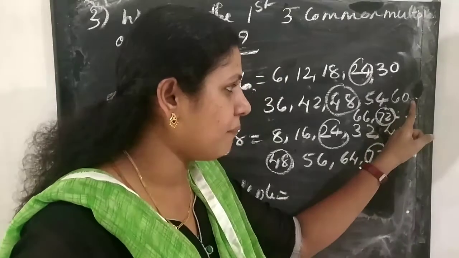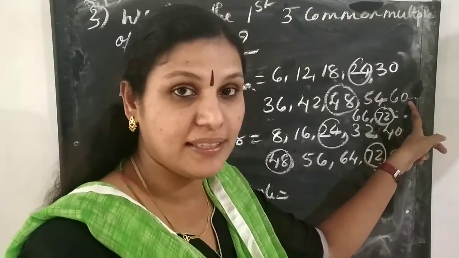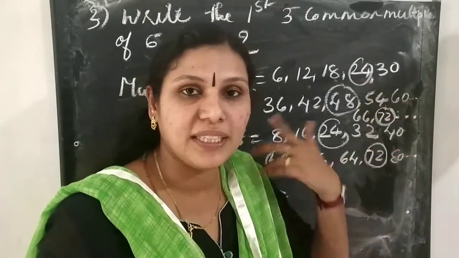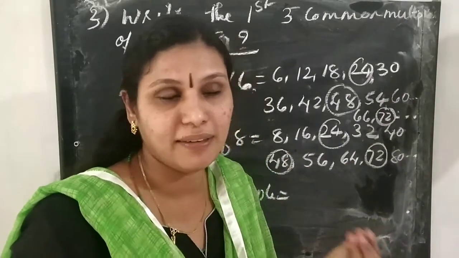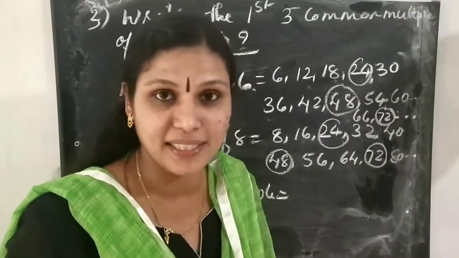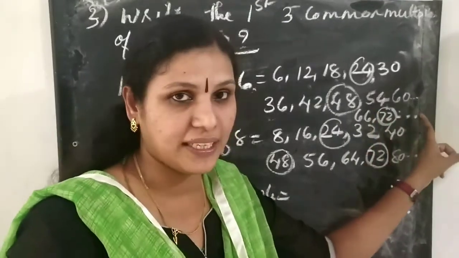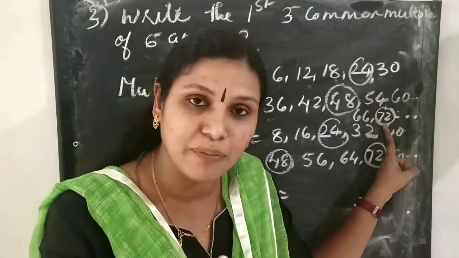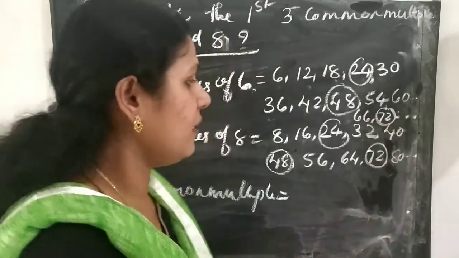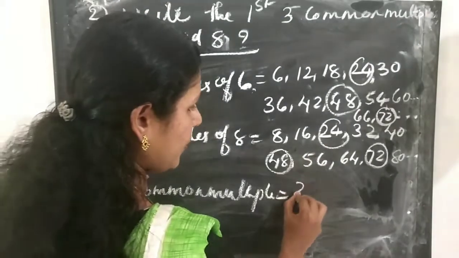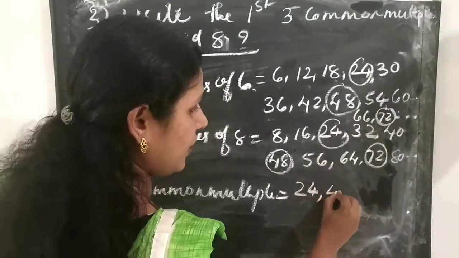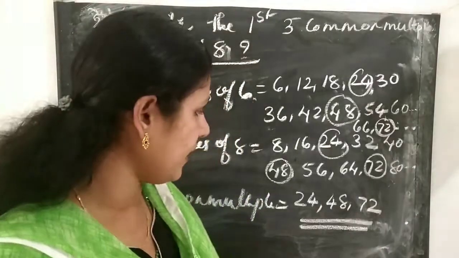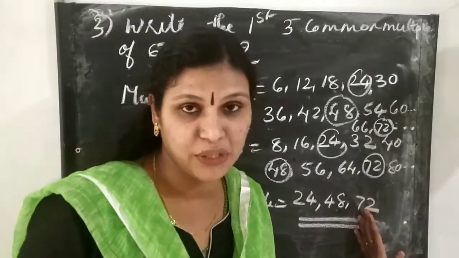If we don't get the number, you just continue the 11th multiple: 11 6s, 12 6s, 13 6s, 14 6s. You just continue that, and when you get the third common multiple, at that time only you stop. Understood? Now the common multiples are 24, then 48, then 72. So children, we get the answer as 24, 48 and 72.